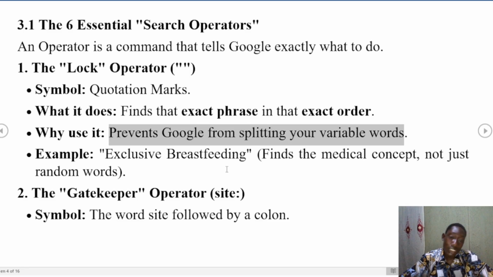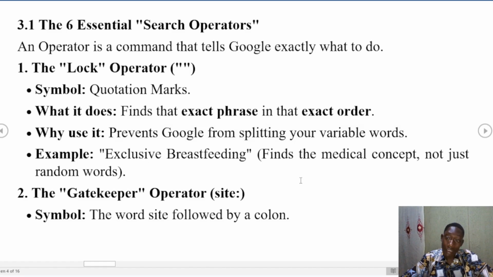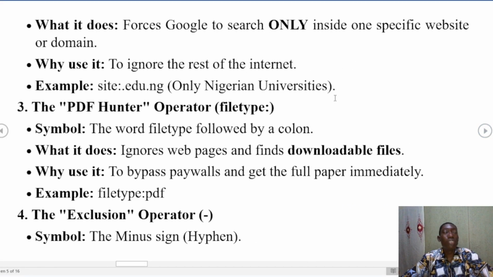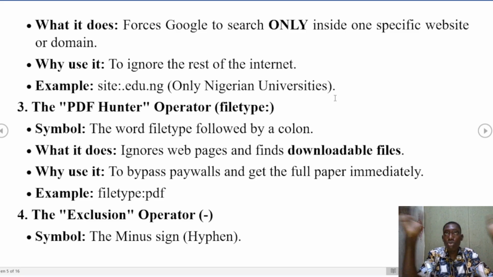Then the next one is the gatekeeper, site. Now this one is very, very, very important. If you use the site operator, it will ignore the whole of Google. For example, if you use the site operator on .org, it will only give you results from websites that have .org at the back of their name.